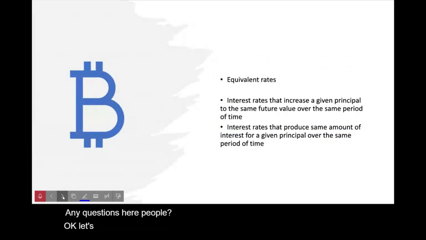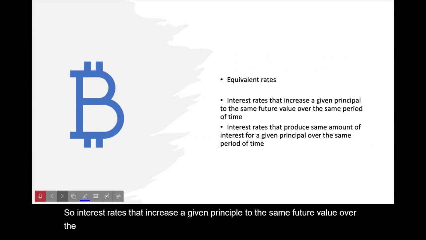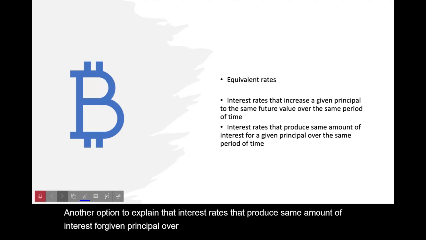Okay, let's move forward. Equivalent rates. Interest rates that increase a given principal to the same future value over the same period of time. Another way to explain that: interest rates that produce the same amount of interest for a given principal over the same period of time.